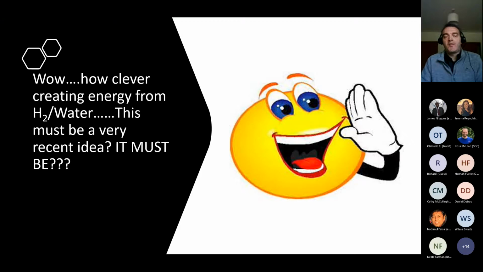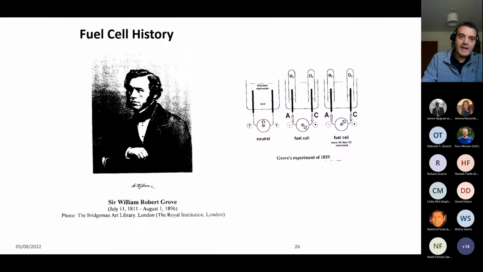Now, the first thing is, it seems very clever. We are very clever, creating energy from water. That is fantastic. So I'm guessing that this concept must be from the last 10 or 20 years. Well, we are wrong. The fuel cell comes from the 19th century.